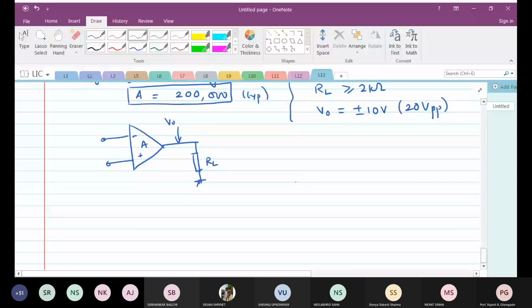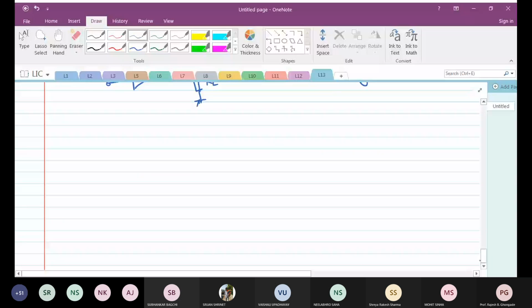Yes, sir. Now, please remember this large signal voltage gain necessarily is an open loop gain. Don't forget this. The next parameter is the output voltage swing.